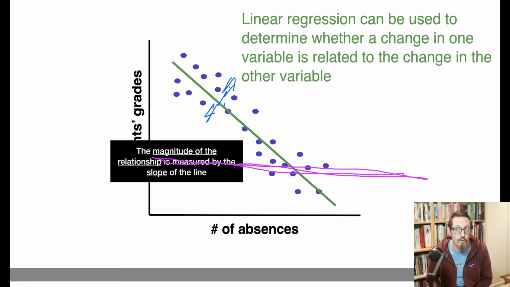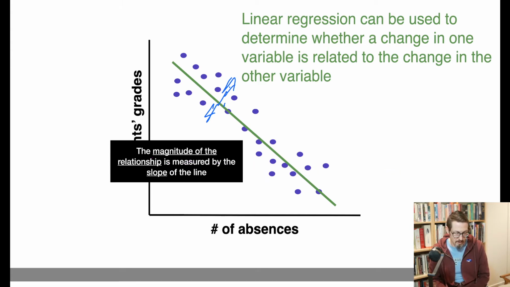It makes almost no difference to a student's grade if they're absent or not. In that case, we wouldn't care about the relationship. But if instead we have this green line, where there is a strong relationship, where more absences definitely affect the student's grade, then we may actually want to try to do an intervention to prevent absences.